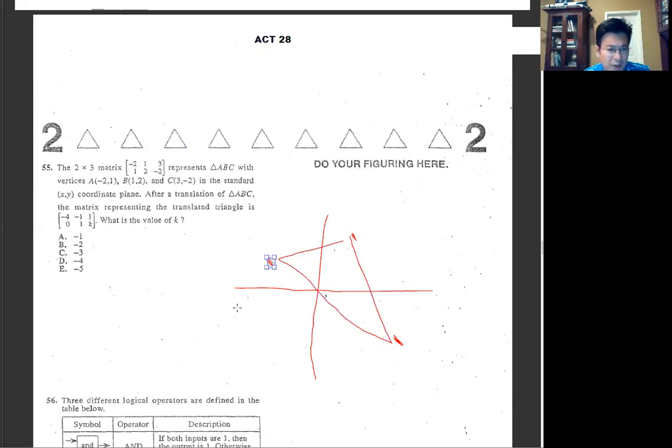In the beginning. And then now the second one is -4, 0. This one. -1, comma 1. This one. And 1, comma something. Something that we can find somewhere here.